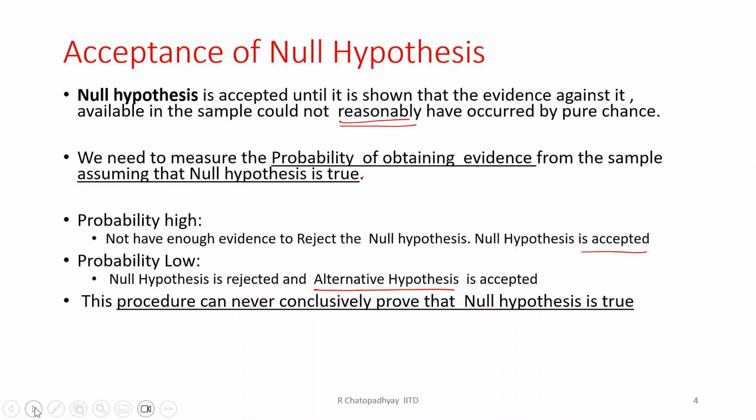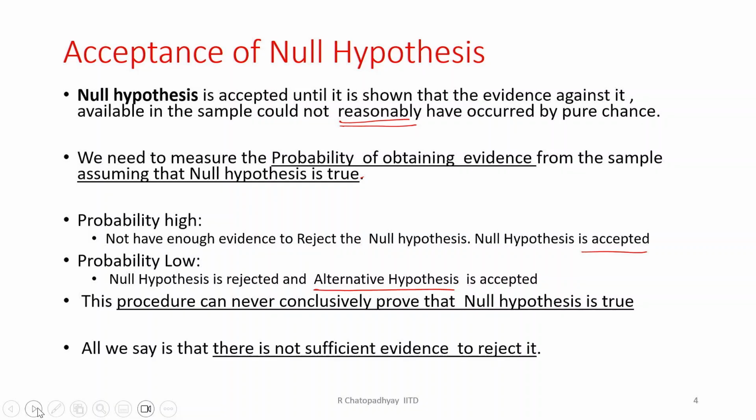But one thing is important to know, that the procedure can never conclusively prove that the null hypothesis is true. So the question then comes, why do you accept the null hypothesis? What we are trying to find out is that there is not enough or sufficient evidence to reject it.